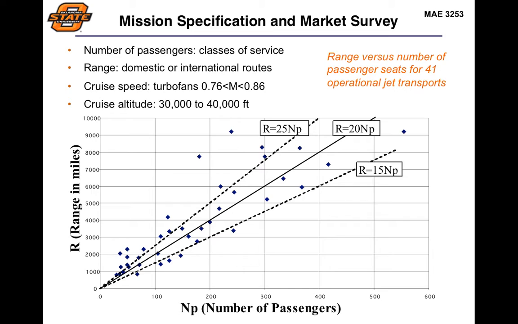But we can generate trend lines that allow us to plot this and say, well, now if I want to develop a 600, 700, 800 passenger aircraft, I can use these curves to make a prediction about what may happen in terms of the range. Doesn't mean it's going to make sense physically, or even from an operations standpoint. You can use that to make that prediction.